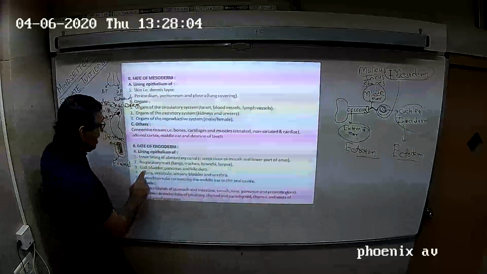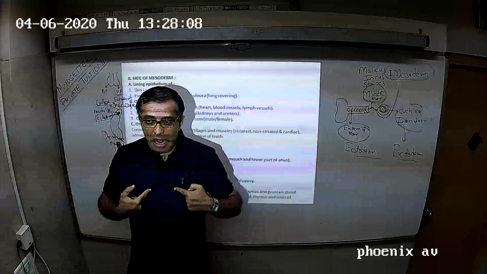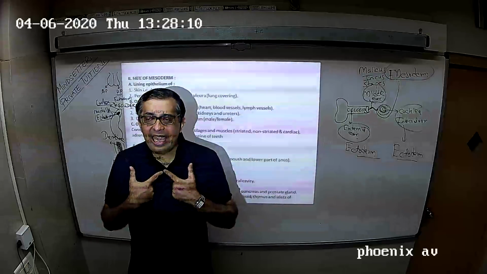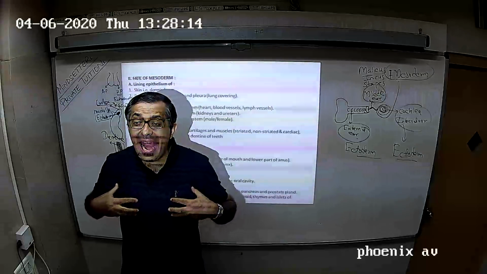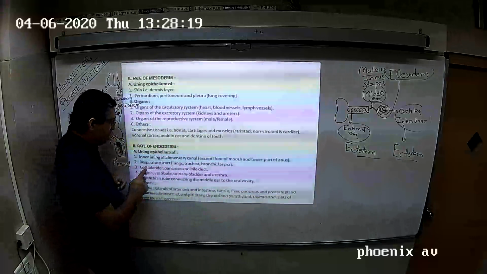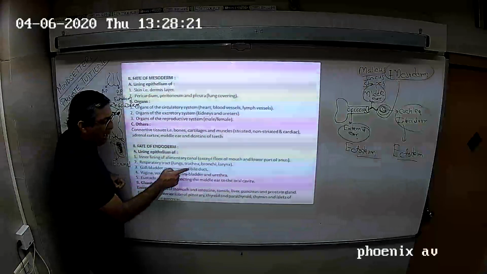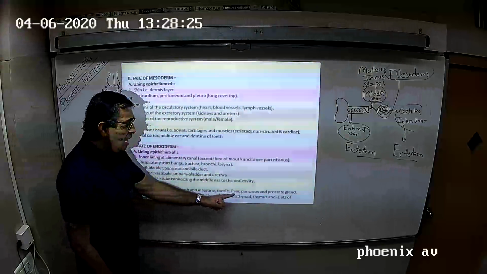And then we have the respiratory system. Lungs, trachea, bronchi, everything develop from endoderm. And sir, you have gallbladder, pancreas and bile duct. As a matter of fact, even the liver.